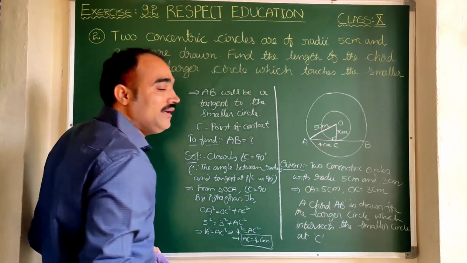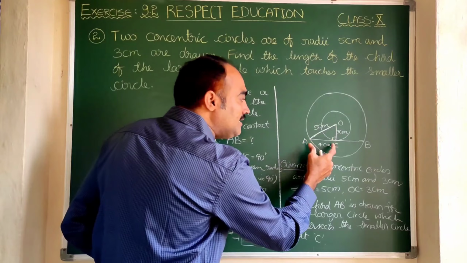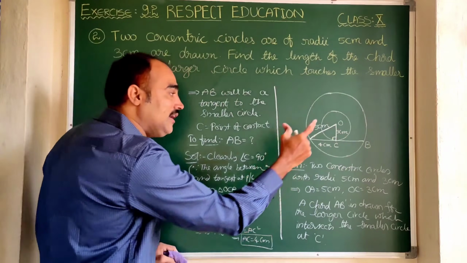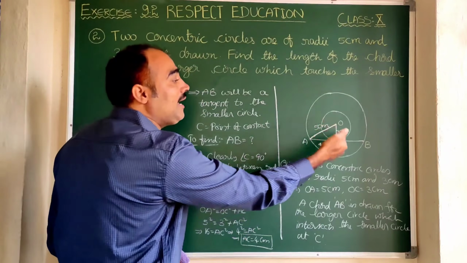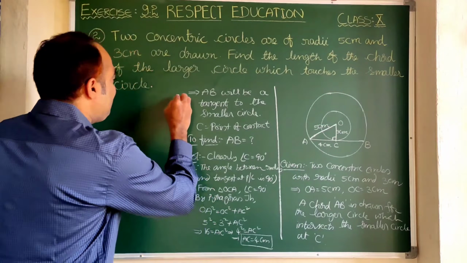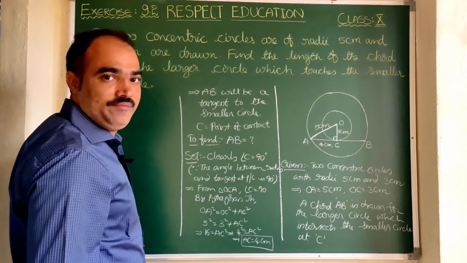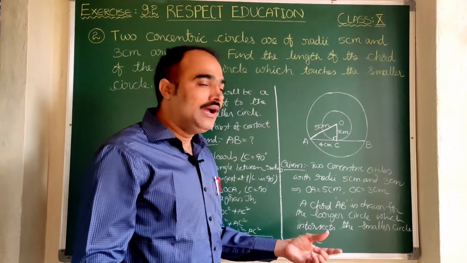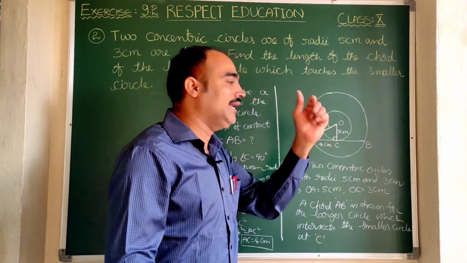But the required question is that we need AB. We do not want AC, we want AB. Means we are in need of AB. With the help of AC only, AB can be found. Now let us see what is the relationship between AC and AB. Here we are going to learn a relation between AC and AB so that we can find AB.